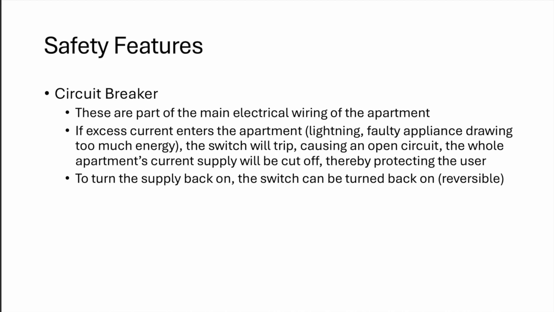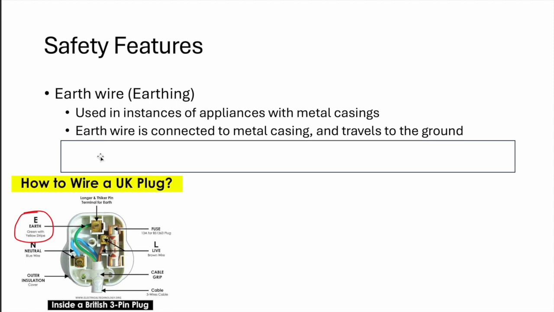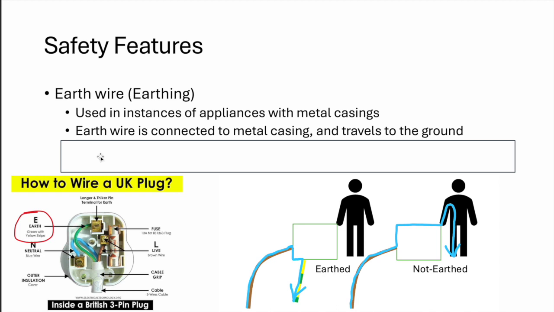Okay, next will be the earth wire. The earth wire is mainly used when there is a metal casing on an appliance. Why is that so? Because the metal casing can become live if, let's say, the live wire gets frayed and makes contact with the metal casing. The metal casing will receive the live current, and if a user happens to touch it, the user will be electrocuted.